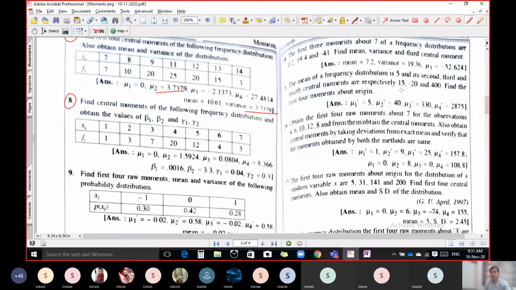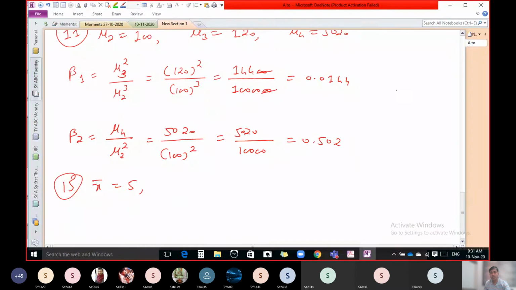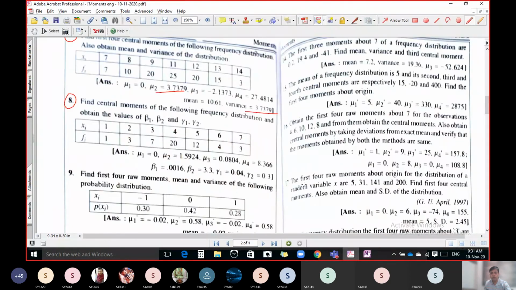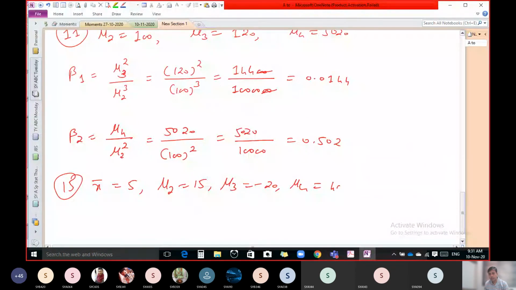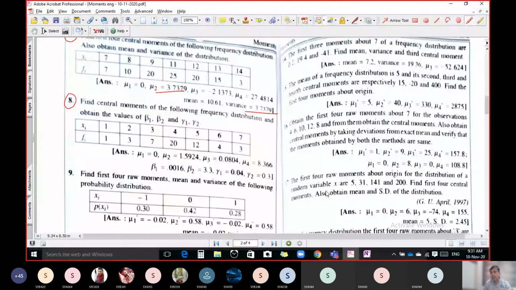So mu2, mu3 and mu4 are given: not 40, 400. So mu2 is 15, mu3 is minus 20 and mu4 is 400.